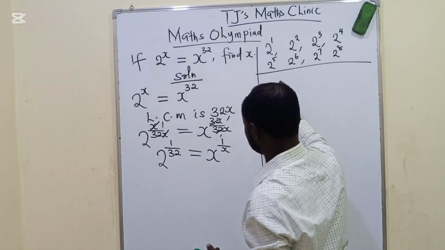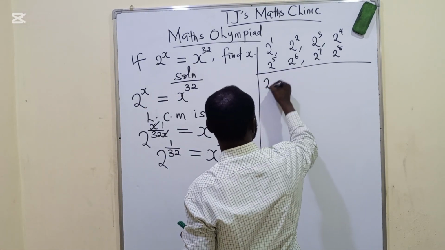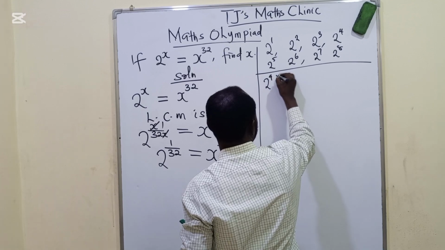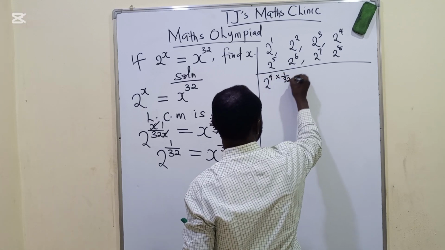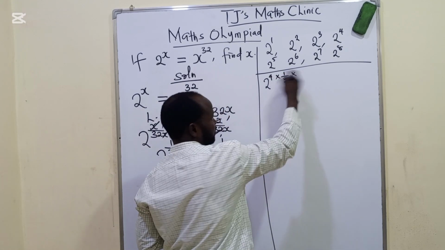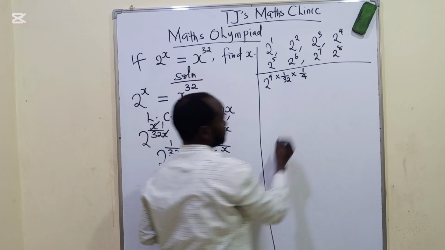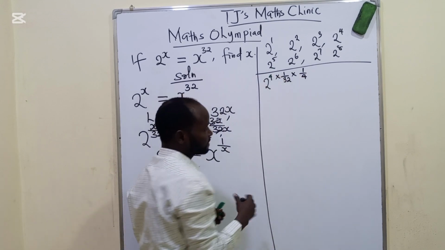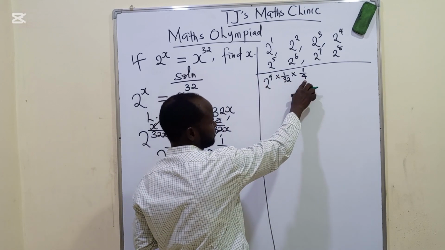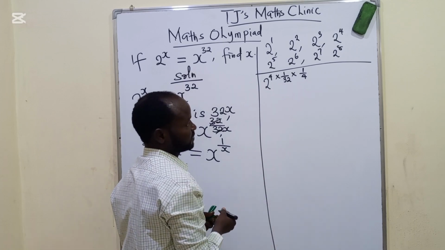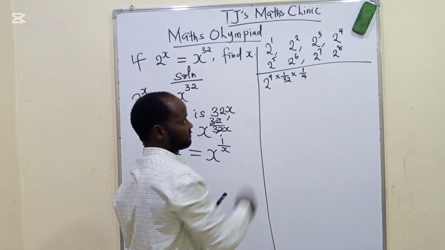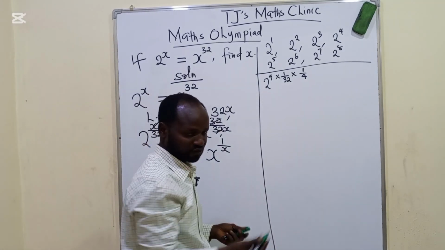If we use 4, for instance, that would be 2^4 multiplied by 1/32 times the reciprocal of this 4. What are we going to get? 2^4 is 16. 32 times 4 is not 16. Rather, it is 128. 4 is not going to work. What about 6?